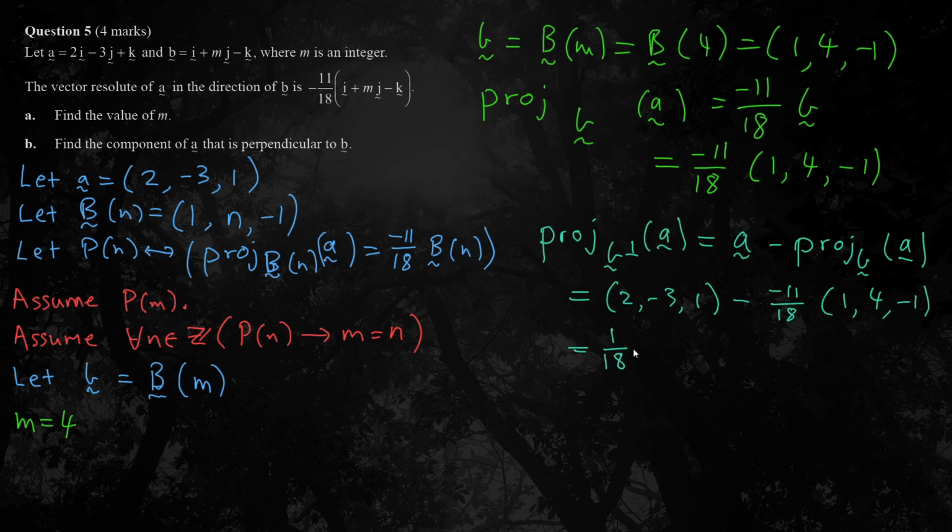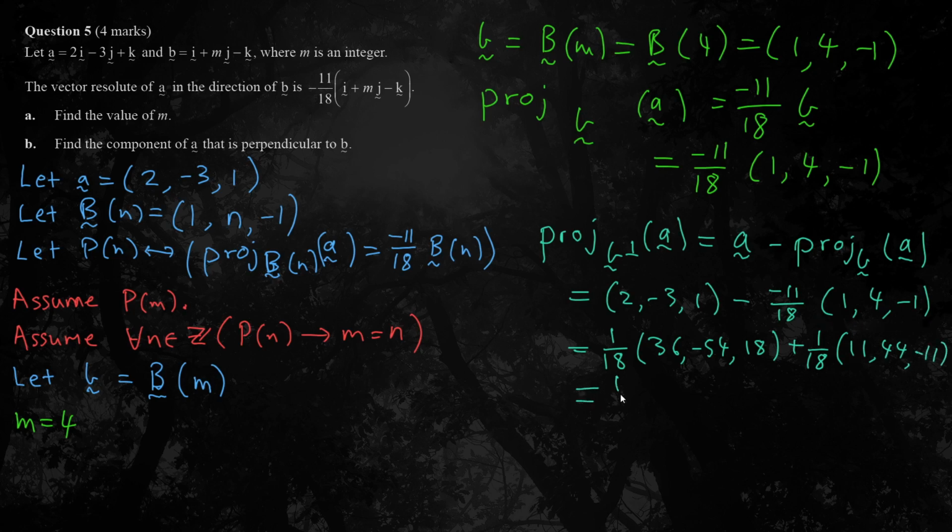So I'm going to put 1 over 18 out the front here. We need to multiply by 18 now, so we'll get 36, -54, and 18. Two negatives make a positive, so I'll put a plus here, put over 18 here, and I'm going to bring the 11 from the numerator inside here. Okay, so 11, 44, and -11.